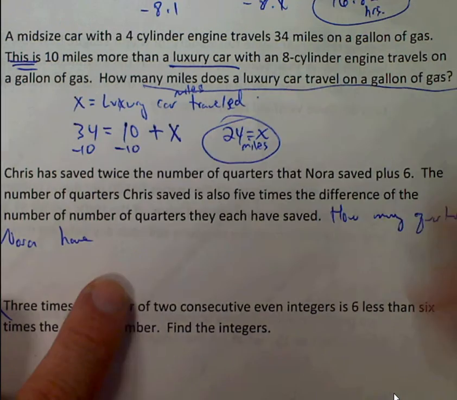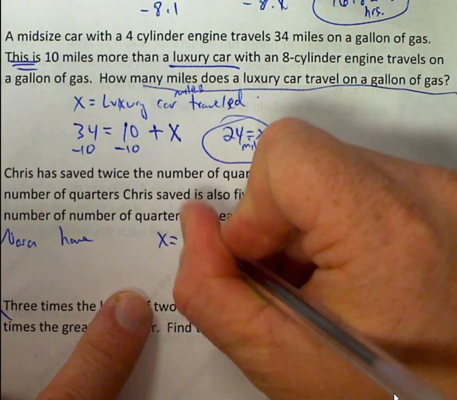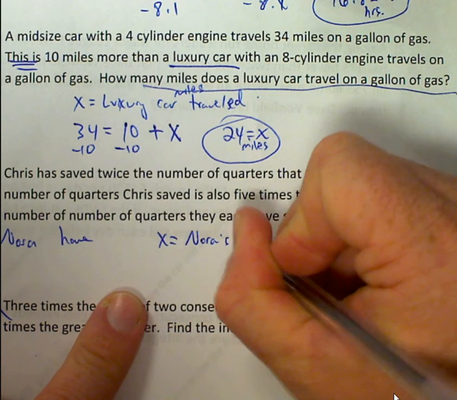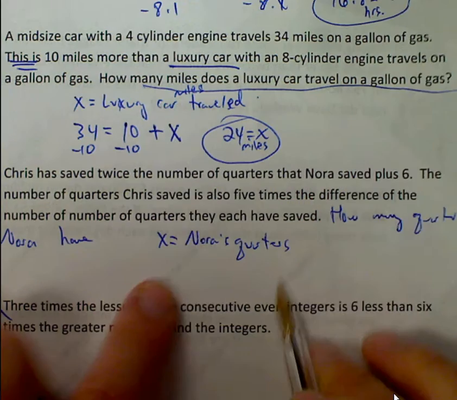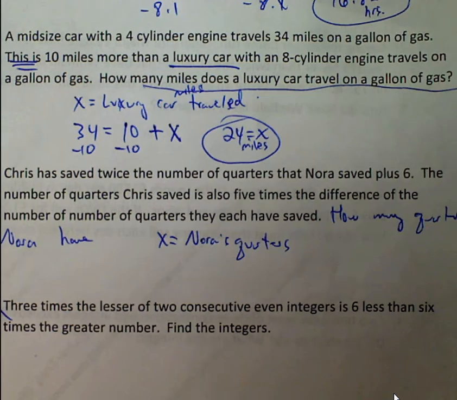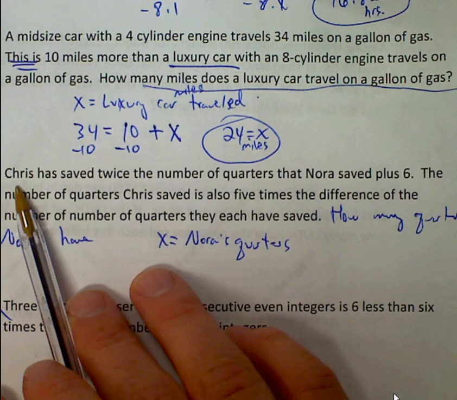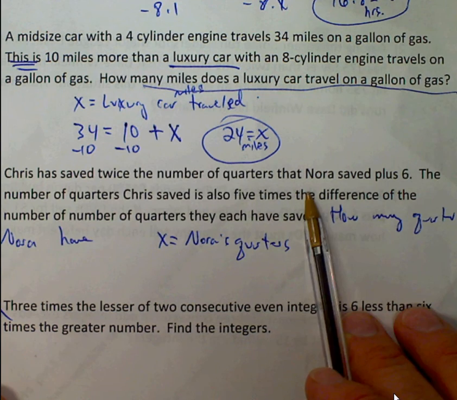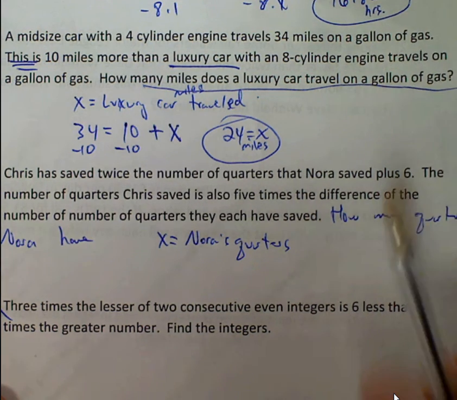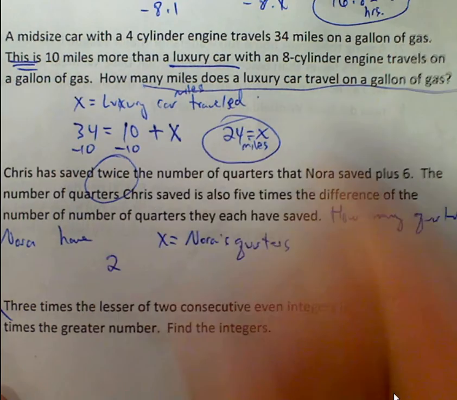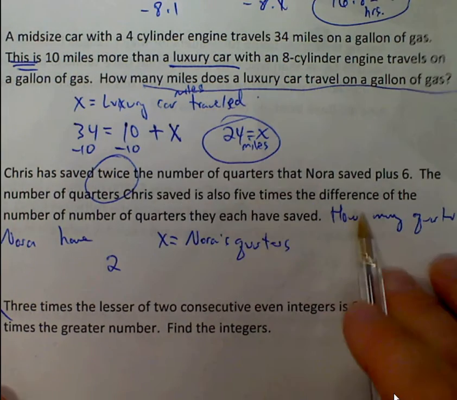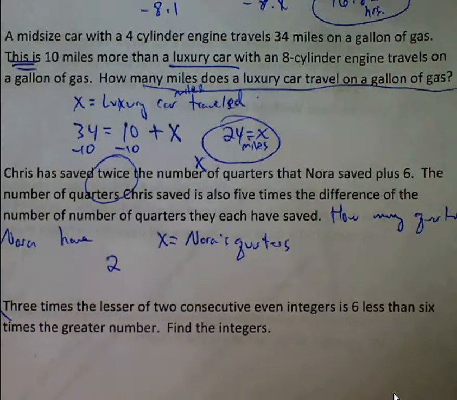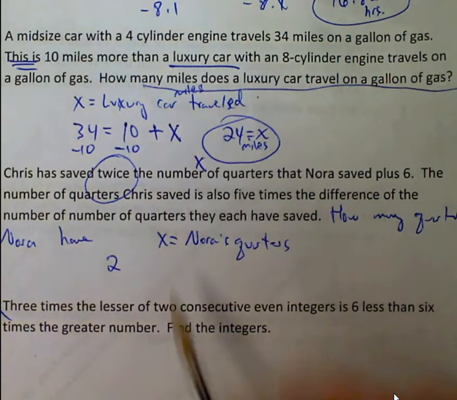Okay, so x is Nora's quarters. Anytime I see Nora, that means I'm going to add x into what I read. It says Chris has saved twice the number of quarters that Nora has saved, plus 6. Twice means 2 times the number of quarters. That is my x, because that's what I connected with my x.